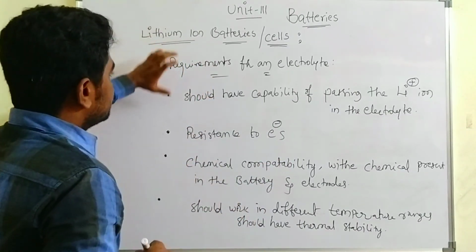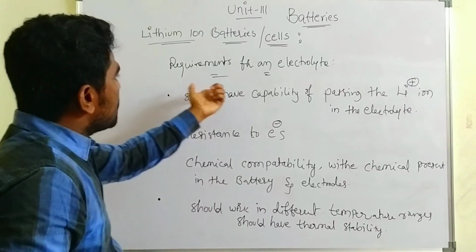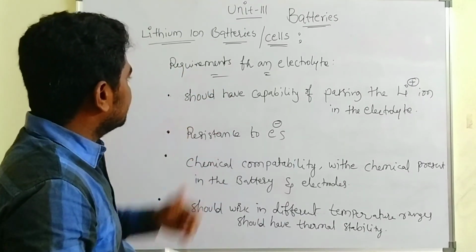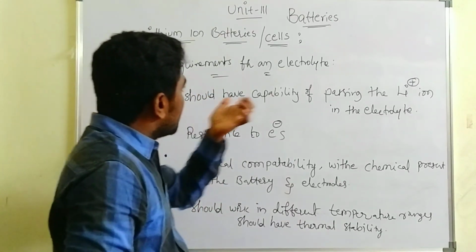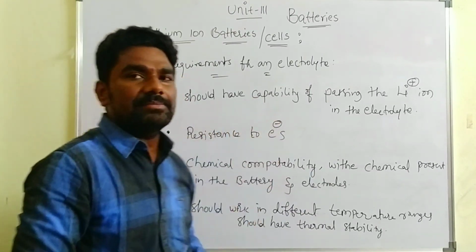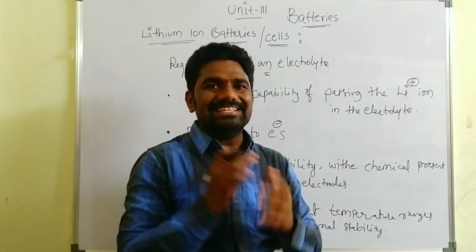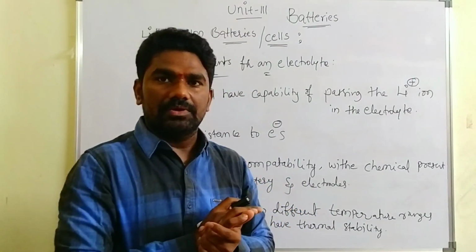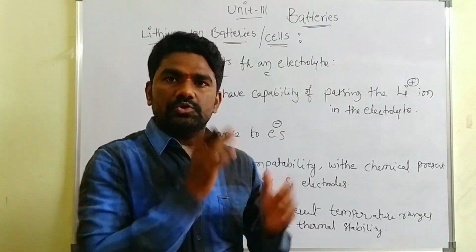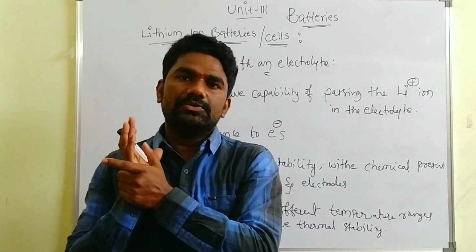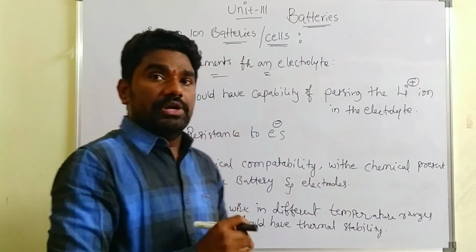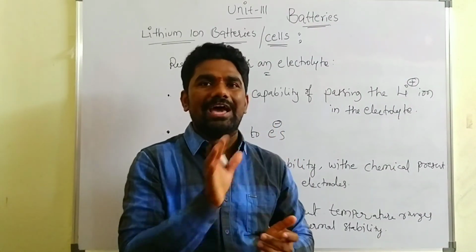If you see the requirements of an electrolyte, it should have the capability of passing the lithium ions through it from one electrode to another electrode, and also have resistance to electron flow.